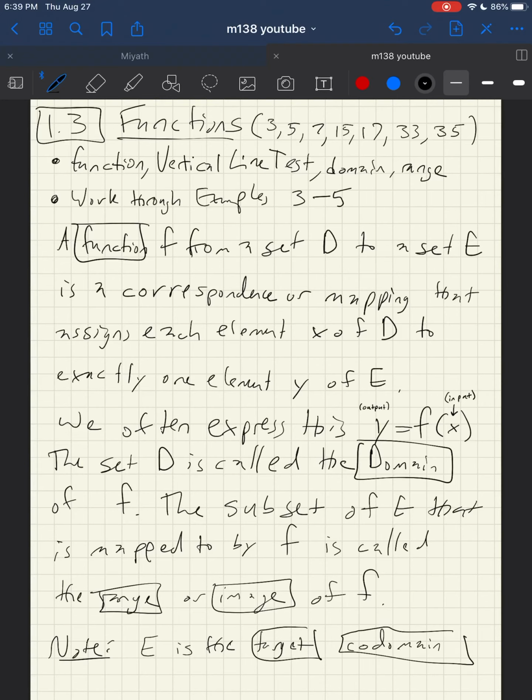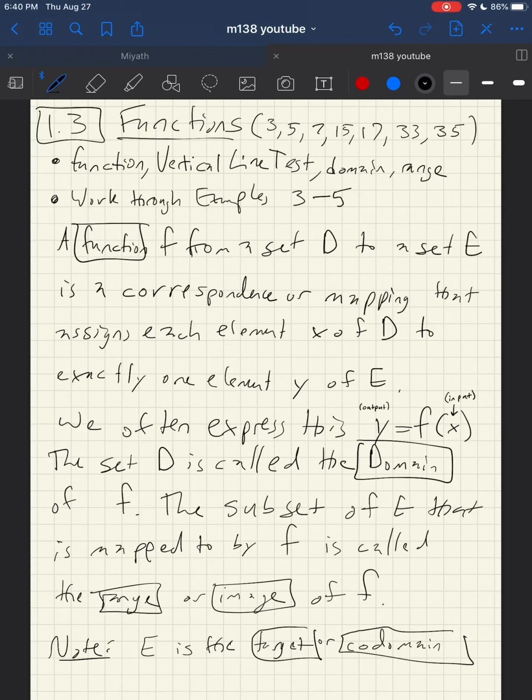And I don't want to get too bogged down with this, but if I tell you I have a function f and it maps real numbers to real numbers, so it takes a real number as an input and it gives us a real number as an output, then we would think, oh, the domain is real numbers and the range is real numbers. And that would seem all right. But we know that real numbers happen to also be complex numbers, which means we could also say that the complex numbers are the range.